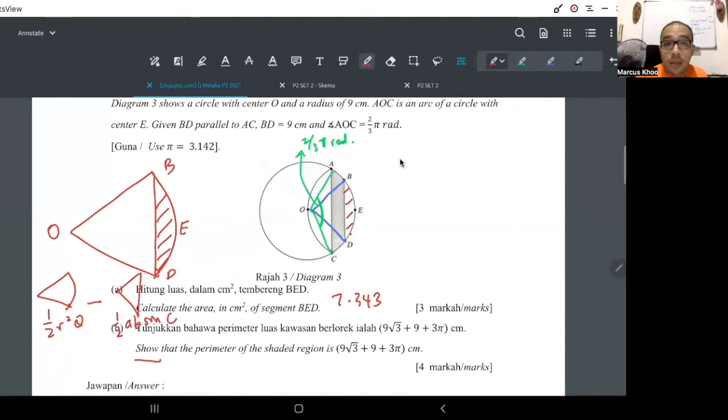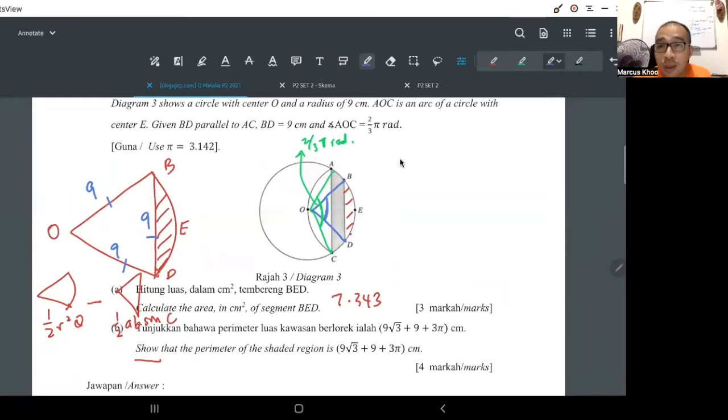The only problem now is, what is the angle? Because they give you the big angle, they didn't give you this blue color angle. But consider this. OB, we know is 9 cm. OD is 9 cm. And BD is also 9 cm, which makes this an equilateral triangle.